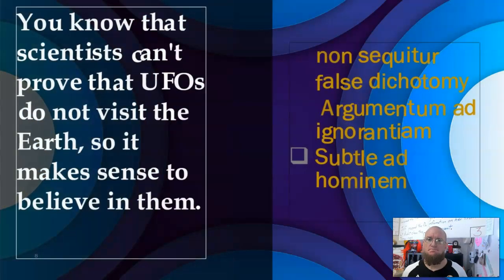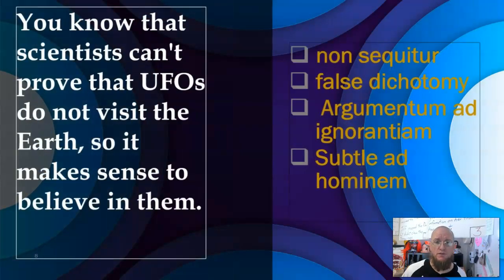Moving on. "You know that scientists can't prove that UFOs do not visit the Earth, so it makes sense to believe in them." Why is it not false dichotomy? There are 2 elements, but the first element is a premise. Then it's saying you have to believe in them because scientists can't prove that they actually don't visit the Earth.